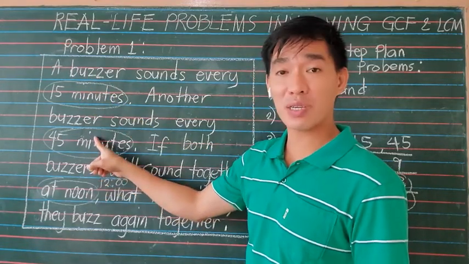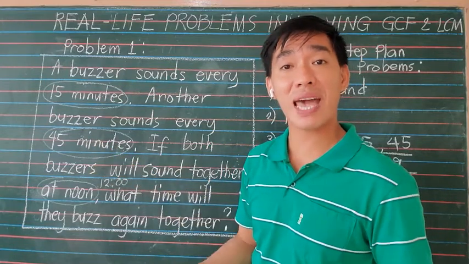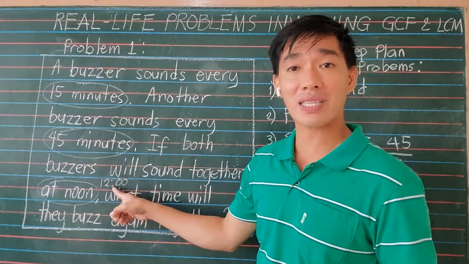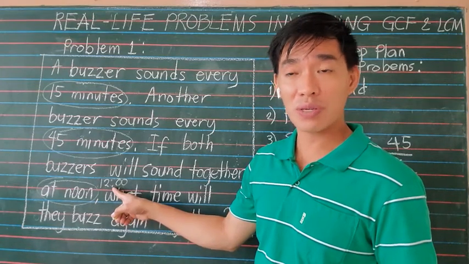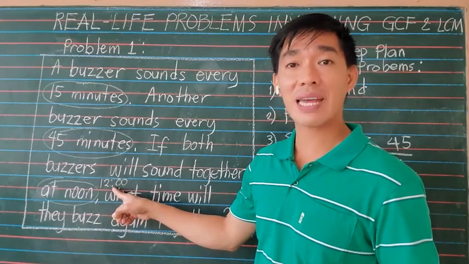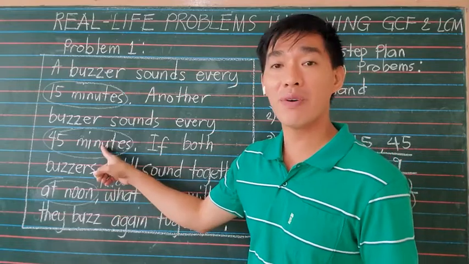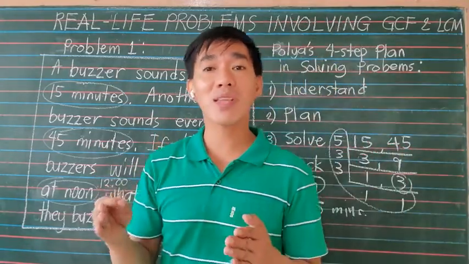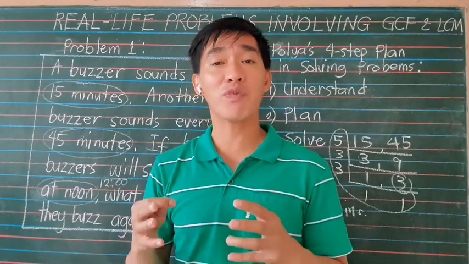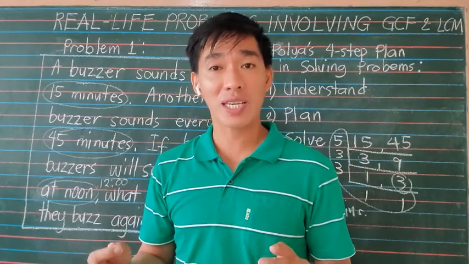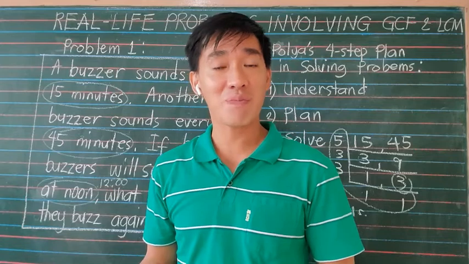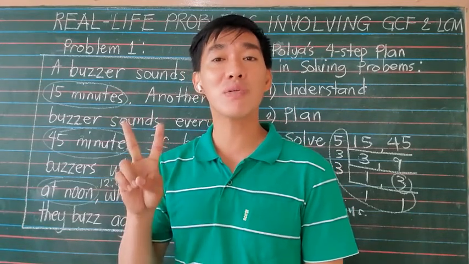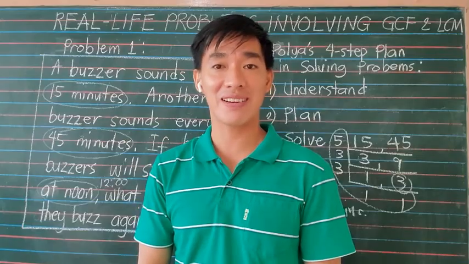However, our buzzer number 2, because it buzzes every 45 minutes, if it buzzes at 12 o'clock noon, of course the next time that it will buzz is 12:45. Therefore, the smallest time that they will buzz together is after 45 minutes, which is 12:45 p.m. after 12 noon, that these two buzzers will buzz together.